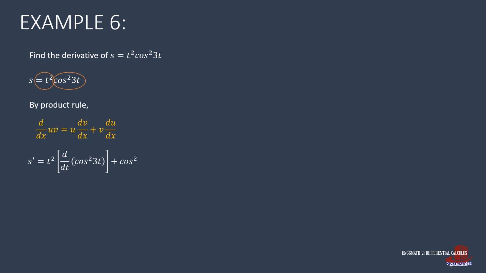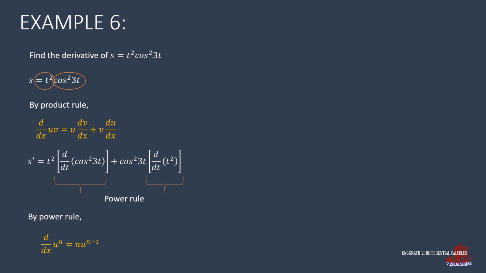S prime is then taken as the first term t squared times the derivative of cosine squared 3t plus the second term cosine squared 3t times the derivative of t squared. Note that the derivatives are now focused on smaller parts of the function, and they both employ the power rule.